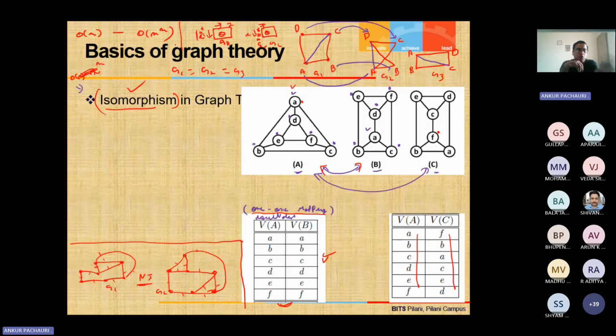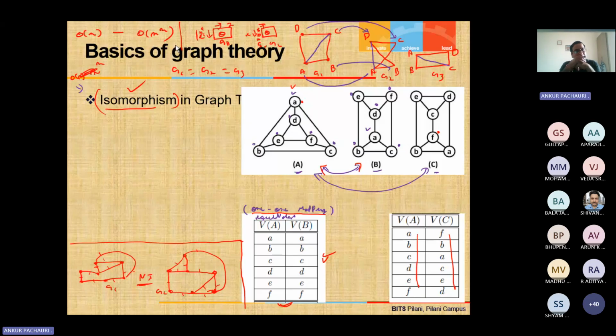yes or no. No is easy. The moment we find a mismatch, we can say, okay, no. But if we have to say yes, we'll have to check for each and every possibility. Even there may be a chance that the n cross nth iteration might lead to the isomorphism. And if it also doesn't match, then we can say no, so no is also towards the n cross n.